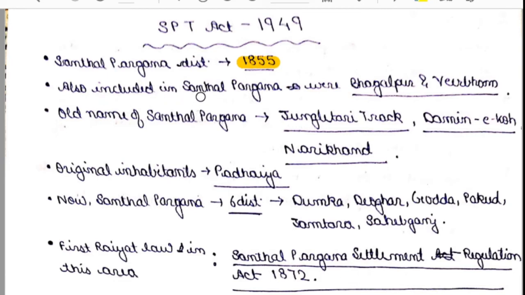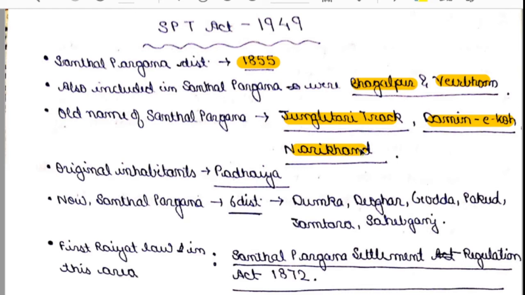During that period, Santhal Pargana also included the area of Bhagalpur and Birbhum. Okay, and one very important fact that you have to remember, that the old name of Santhal Pargana is Jungle Tari Track, Damin-i-Koh, Nari Khand.